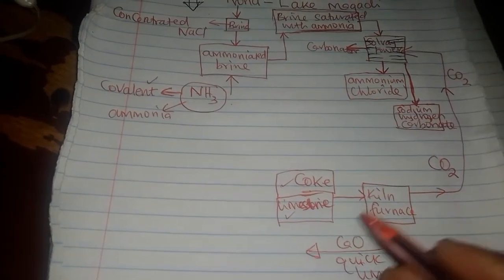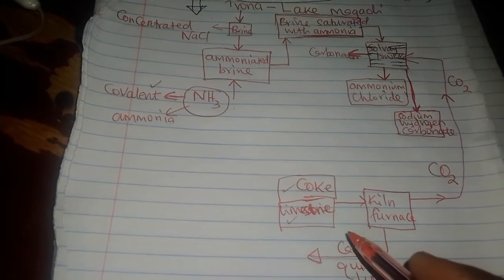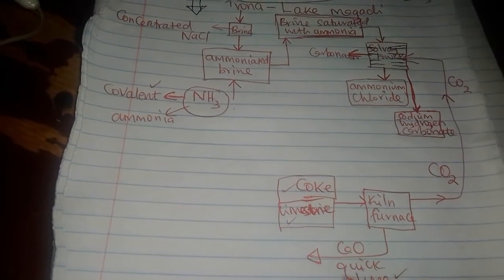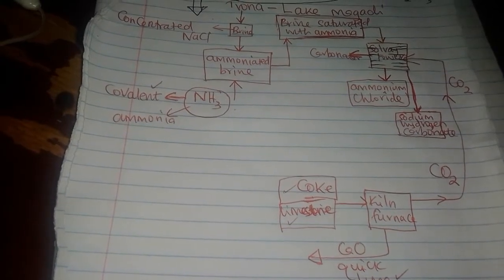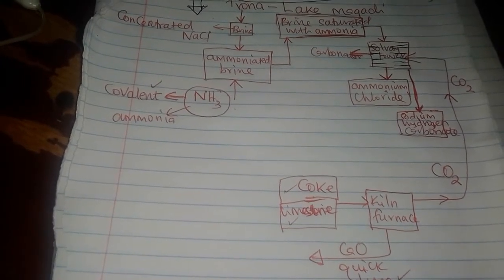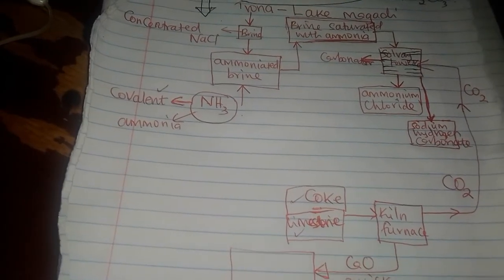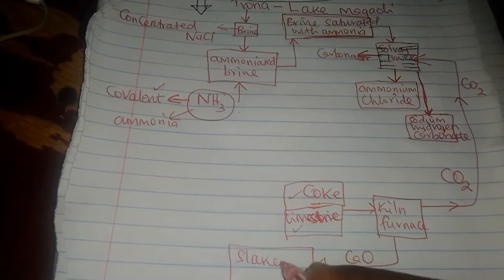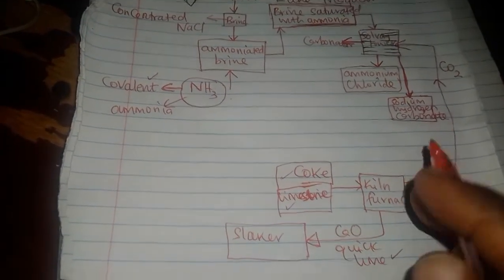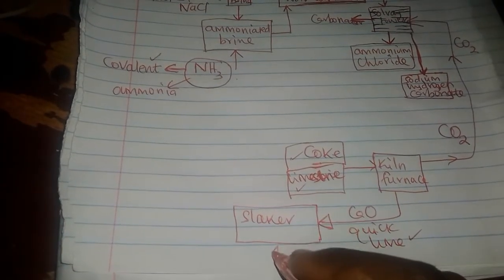So if I'm done with this part, I can have the calcium oxide getting taken into a chamber that I can purposely call a slacker, and a slacker will obviously have water getting introduced into it.